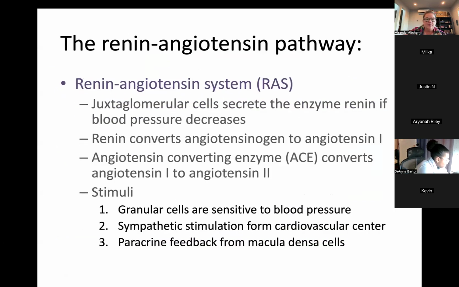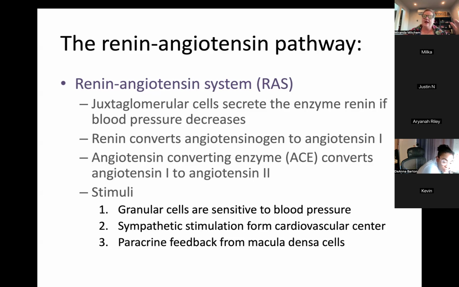What happens is the juxtaglomerular cells secrete renin, and then renin converts angiotensinogen to angiotensin 1, and then ACE enzyme converts angiotensin 1 into angiotensin 2.